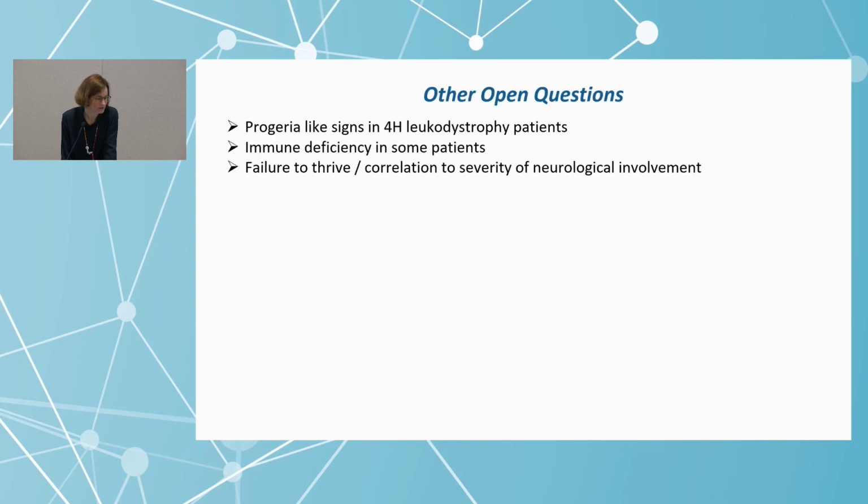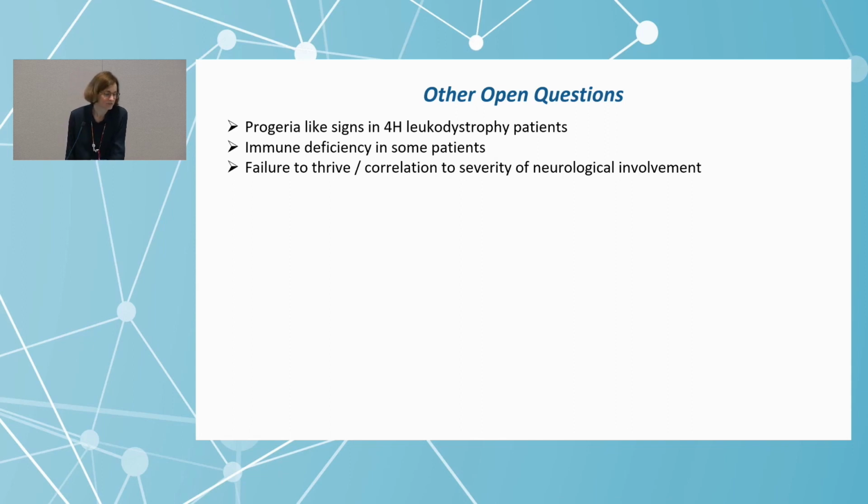The question is what? Other open questions I have just from seeing quite a few 4H patients. We have the Wiedemann-Rautenstrauch syndrome, which is a progeria syndrome. But also in typical 4H patients, we certainly see progeria-like signs as they get older.